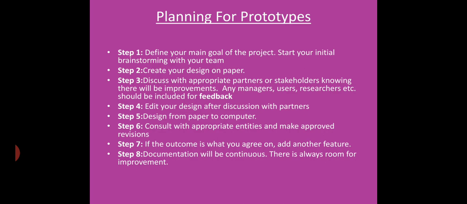Then step 7 is, if the outcome is what you agree on, and another future. Step 7 shows what you are doing from the starting; it shows your output result. Whether it is a need for the present or a need for the future, you have to think about both.